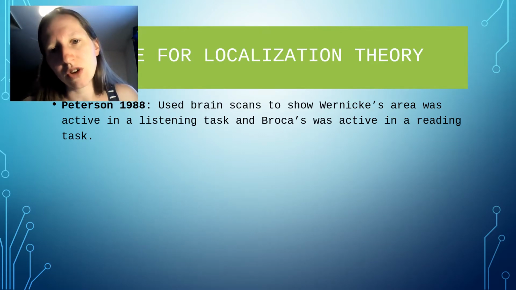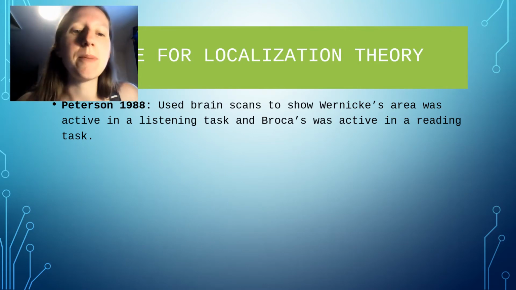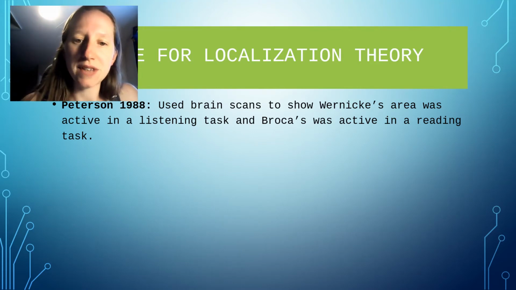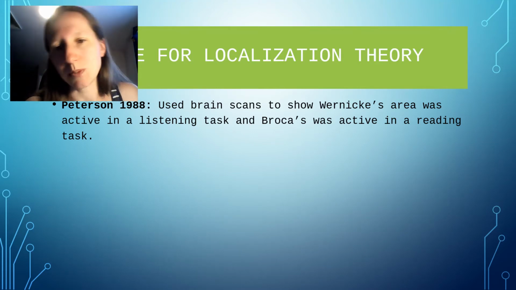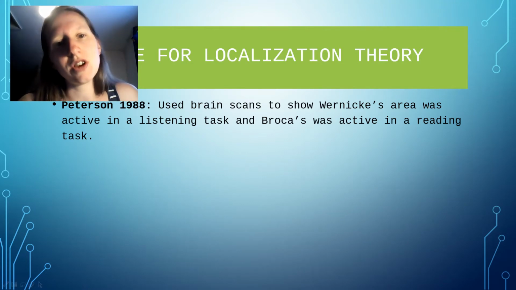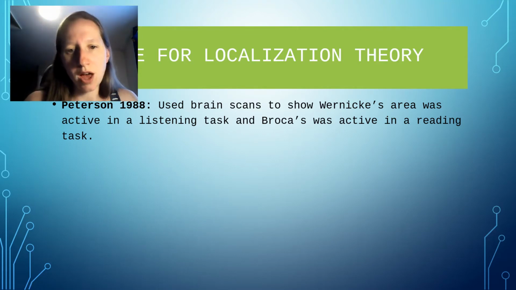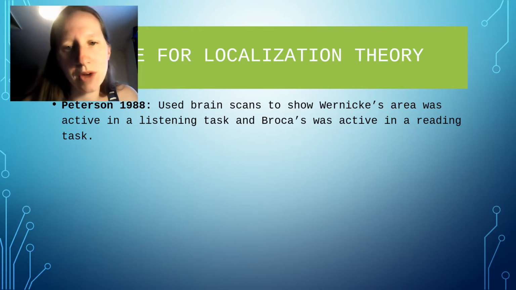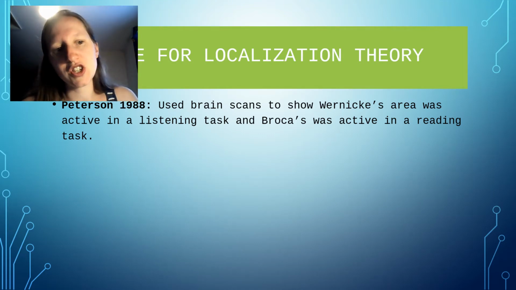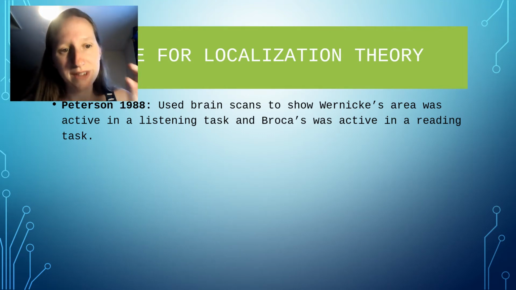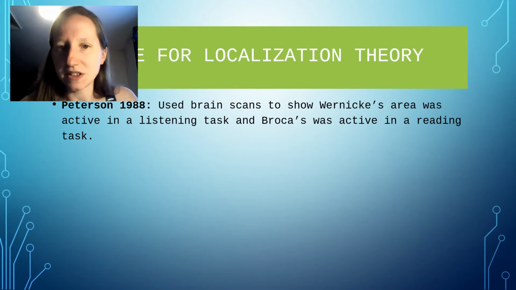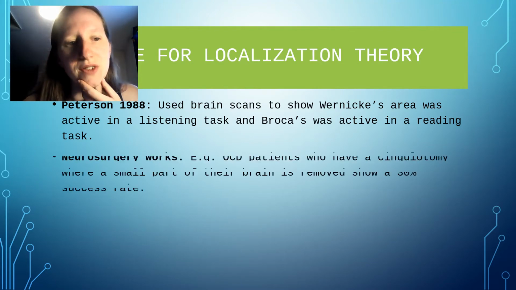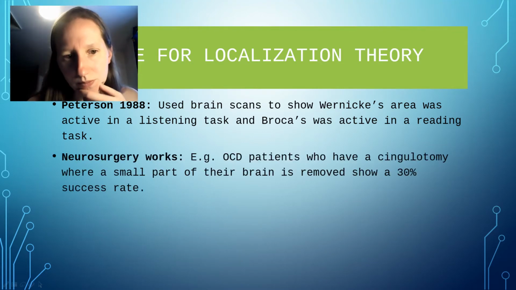But when they had to read aloud, for example, it was Broca's area that was active because they were producing speech. That's quite good evidence for localization theory, because it's two specific localized areas on the left hemisphere of the brain, and it suggests that we use different areas for different tasks.